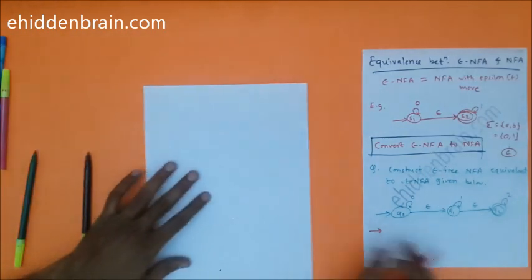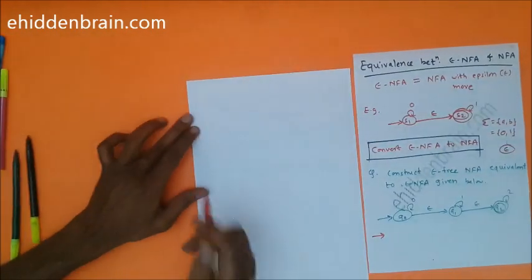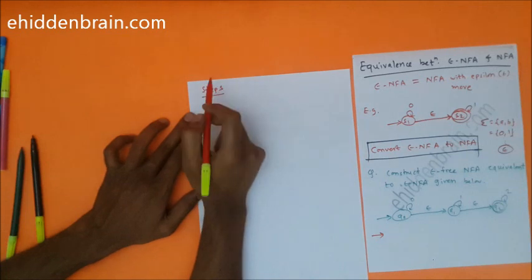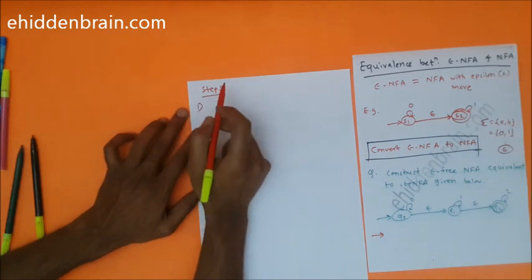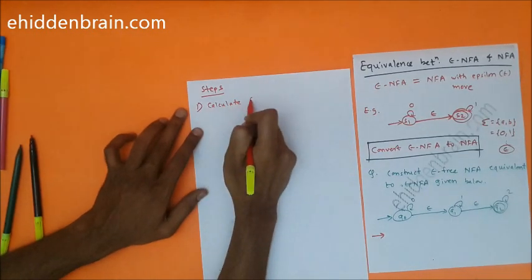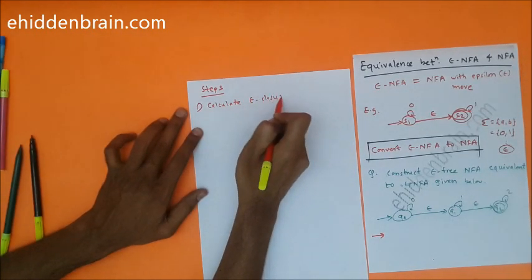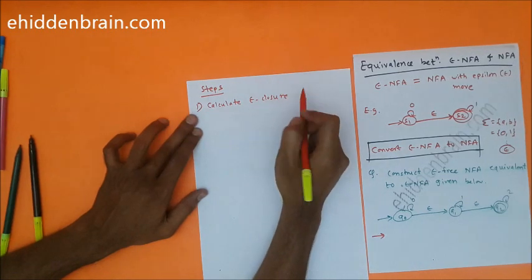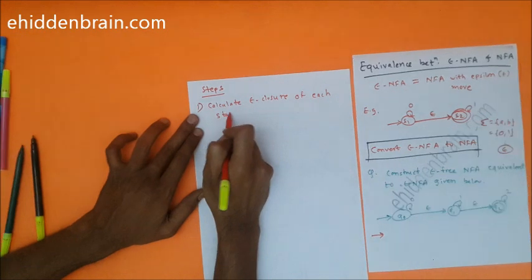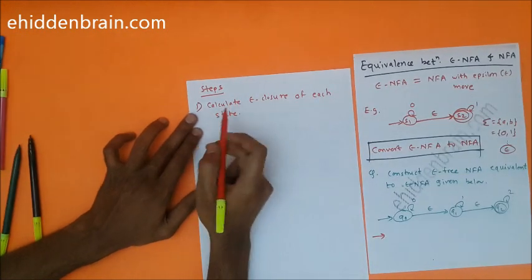The main part is that some steps are required. First step is to calculate the epsilon closure of each state.